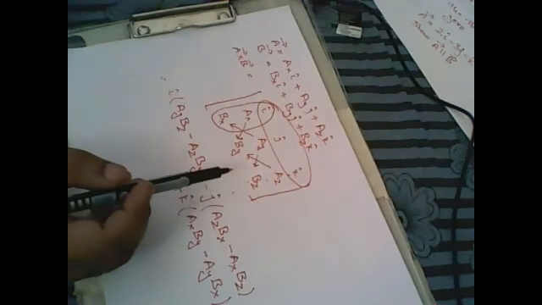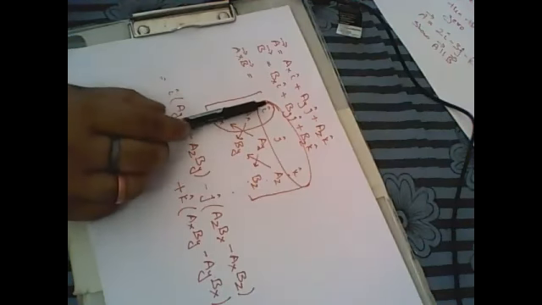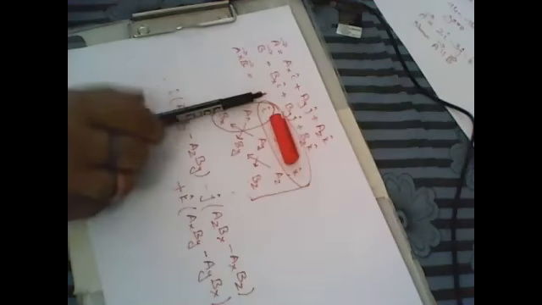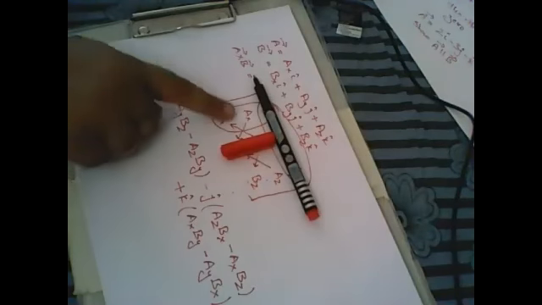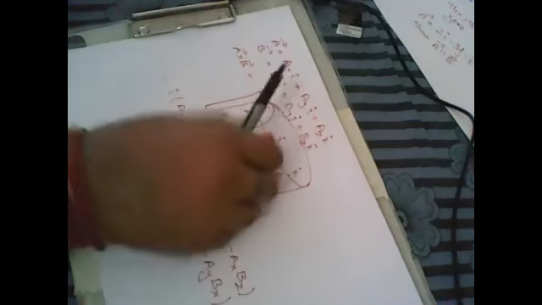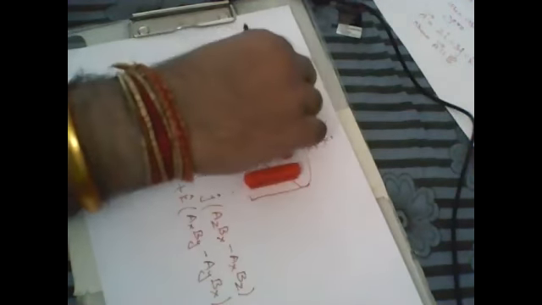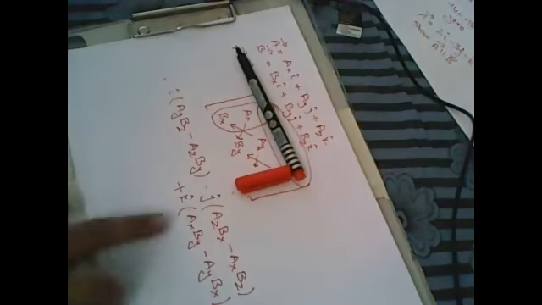While solving, first we hide column i and row of i. The remaining elements are multiplied: ay into bz minus az into by. Then for j, we have ax, bx, az, bz, so az bx minus ax bz. And for k cap, we have ax, ay, bx, by.